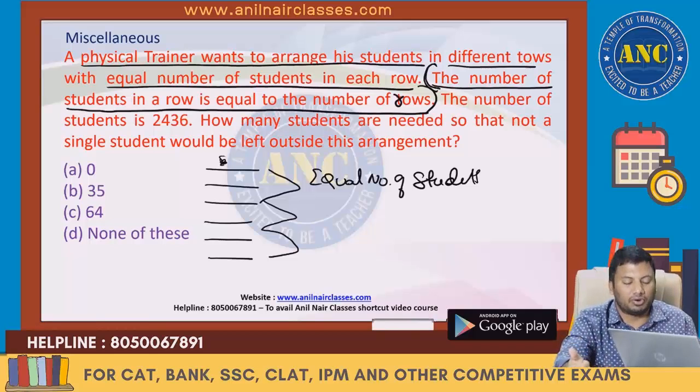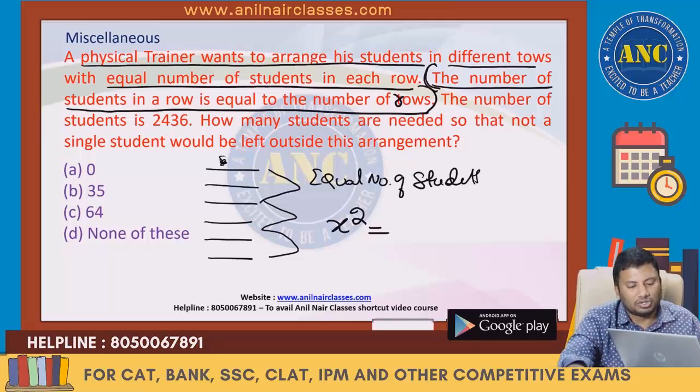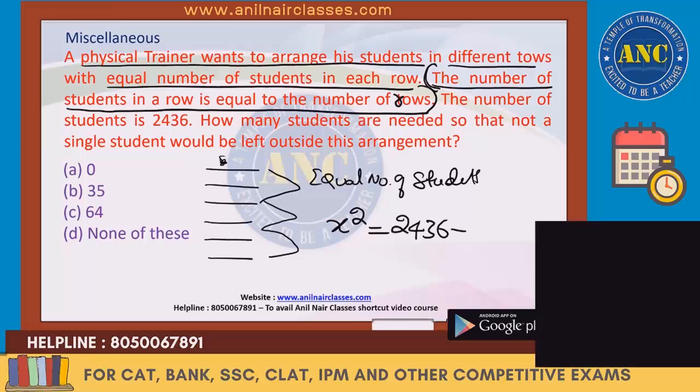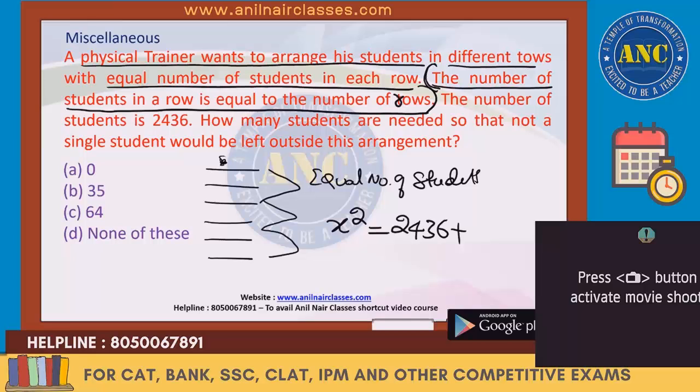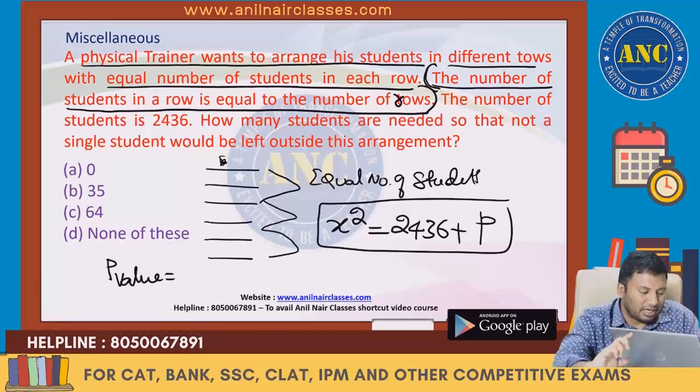If the number of rows is x, the number of students in a row is also x. X into x is x square. Total number of students is 2436. How many more students are needed such that not a single student is left outside? That means x square equals 2436 plus p. What should be the value of p such that this number is a perfect square?